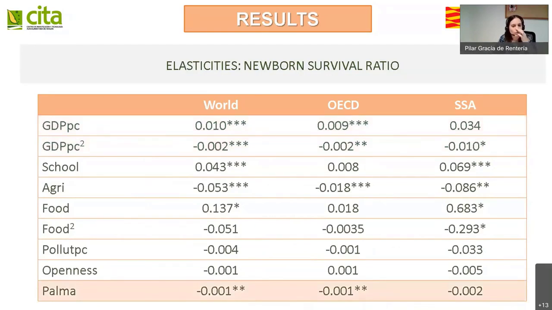We also observe a negative but weak relationship between inequality and the survival ratio. And finally, the other drivers, the pollution, the pollutants and the openness index, are not significant.